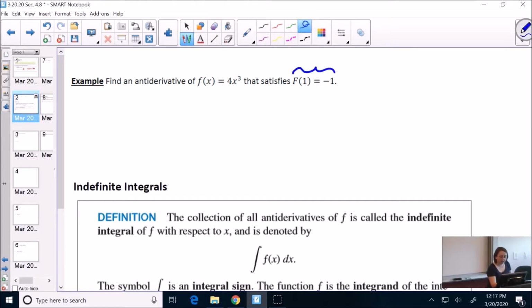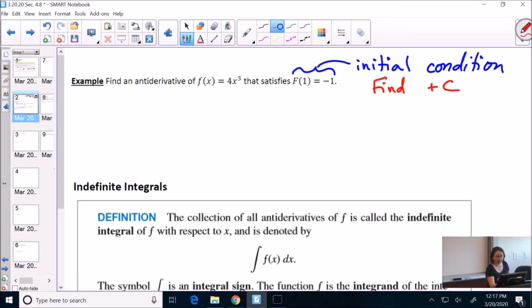Now this is, we're going to call it an initial condition. It's technically not an initial condition, because it's not F of 0. It's the same concept. They give you one particular value at one particular point of x, and with that you can find your c. So we use that at the end to find our plus c value, a particular solution.